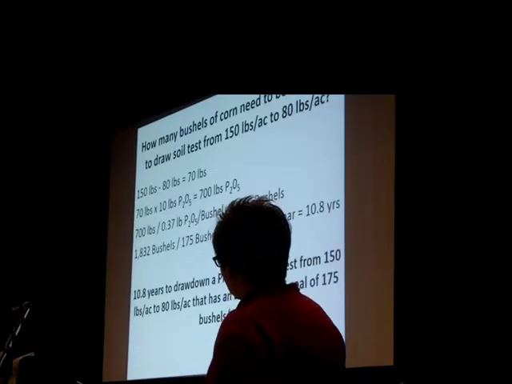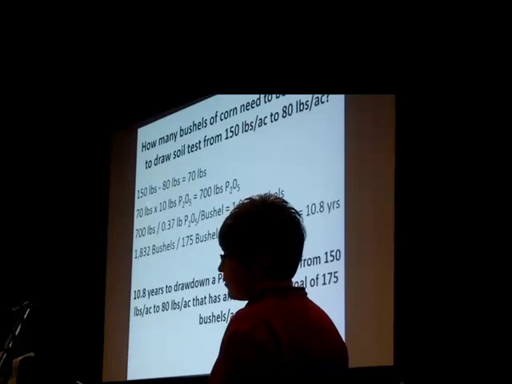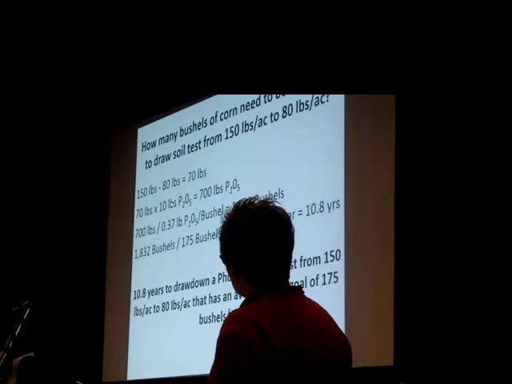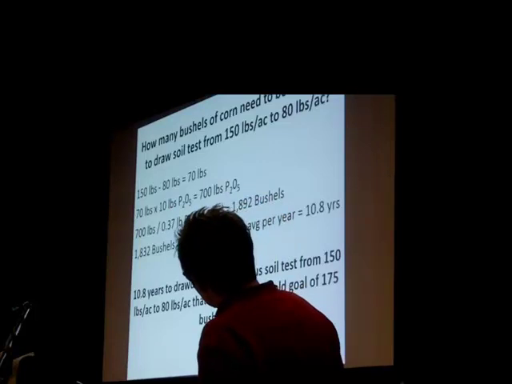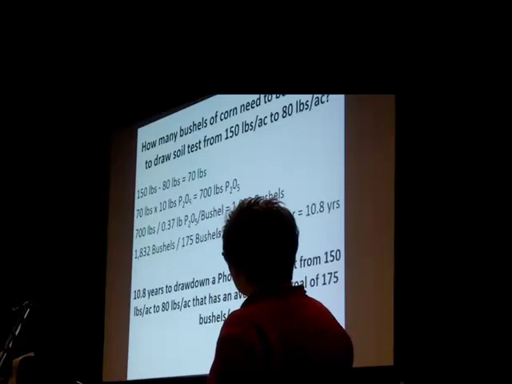So there's 70 pounds difference. We take the 150 minus the 80, which is the high level of the recommended range. You take that 70 pounds times 10 pounds of phosphate, which is your removal, equals 700 pounds of phosphate.